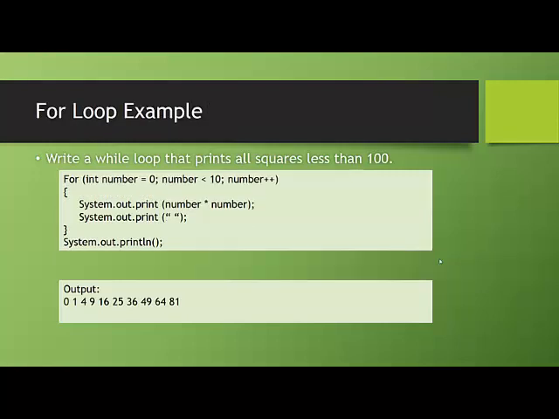The same program can be written with a for loop. With a for loop, our number is actually declared and initialized inside of the for loop. The condition is set, and our incrementing is in there in that loop as well.